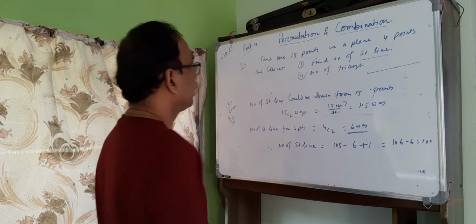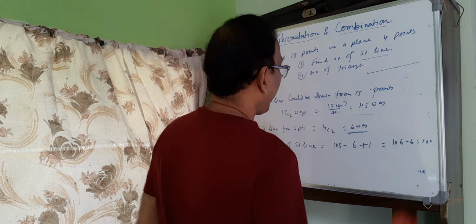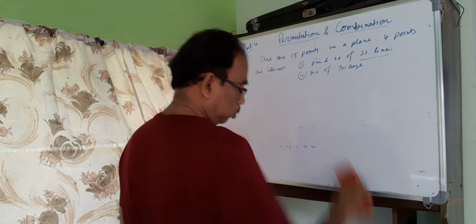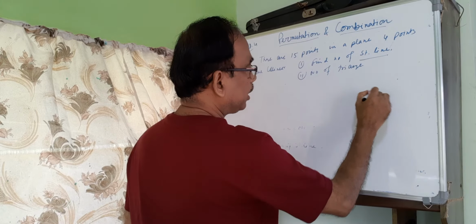Now next question. How many triangles could be drawn? Now we know to draw a triangle we need 3 points.